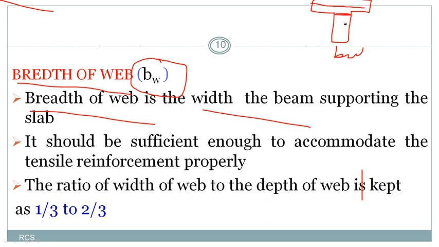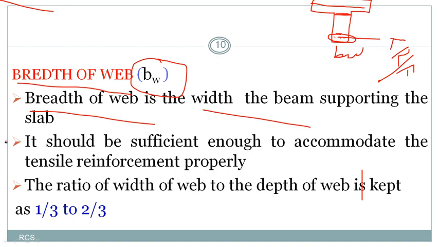So the width of the beam which is supporting the slab is called the width of the web. One more point regarding this is that it should be sufficient enough. The width we provide for a web must be sufficient to accommodate the tensile reinforcement.